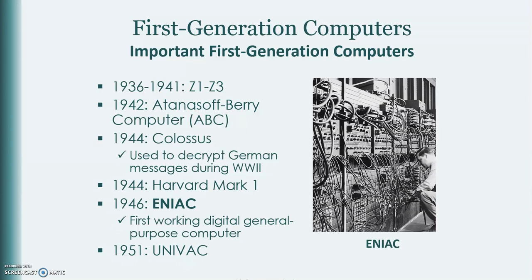The ENIAC used over 18,000 vacuum tubes. It weighed over 30 tons, and it occupied 1,800 square feet. They originally had designed it to calculate artillery tables for the war. However, they didn't even finish until the war was over.